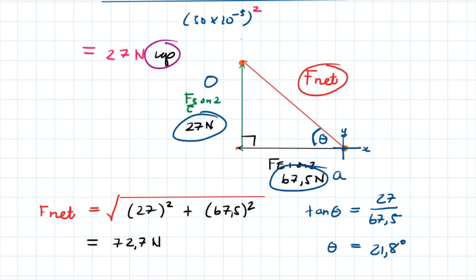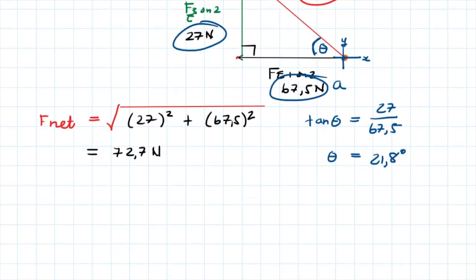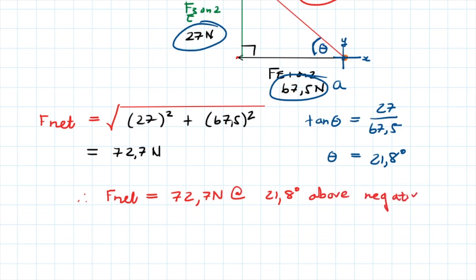21,8 degrees. This gives us the direction, but we must explain the answer fully. So we say, therefore, the net force is going to equal 72,7 newtons at an angle of 21,8 degrees above the negative x-axis.